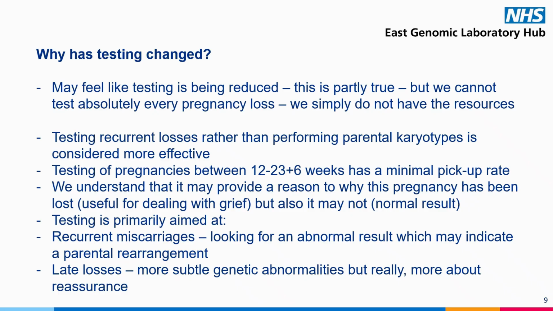So the testing is primarily aimed at, and this is why it's been reduced into these two categories, recurrent miscarriages, looking for an abnormality which may indicate a parental rearrangement, and then the later losses, where we're looking for more subtle genetic abnormalities, but more it's probably about reassurance for future pregnancies.